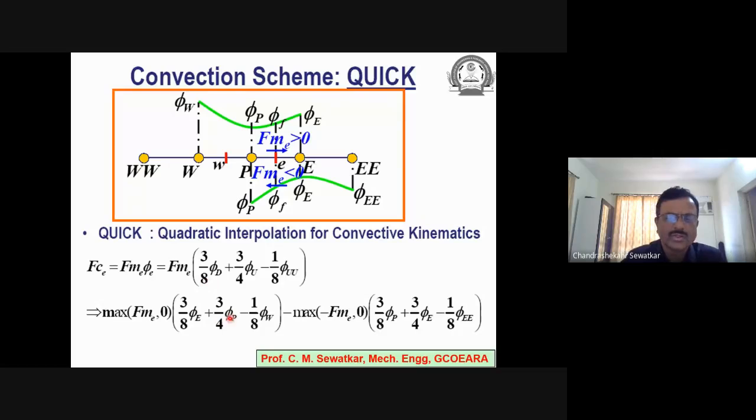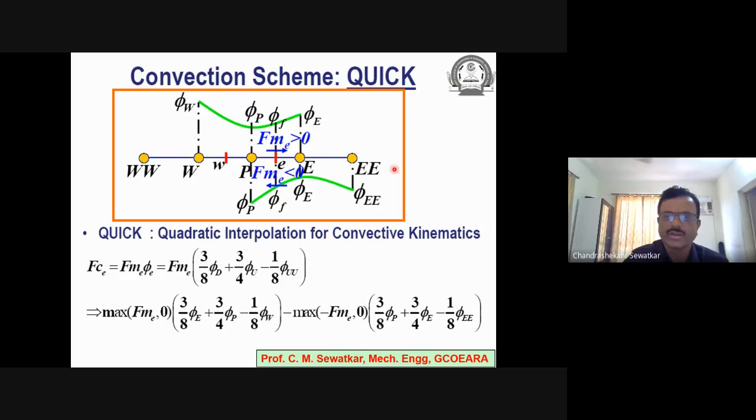That's it. So when my flow is occurring in positive x direction, this term will be written. Now phi d is phi e. If it is the positive x direction, my phi d is phi capital E, phi u is phi capital P, and phi uu is phi capital W.